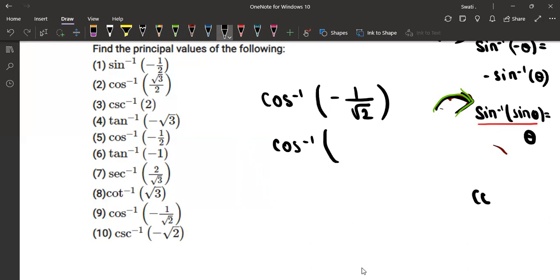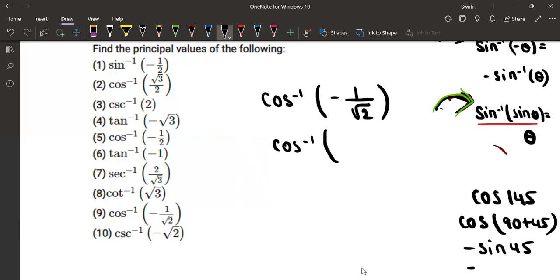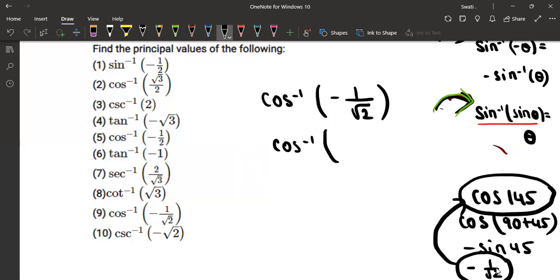So this is for cos 145. Now what is cos 145? Let's do that. So cos 145 is nothing but cos of 90 plus 45. And what is cos of 90 plus theta? It is minus sine theta. Now sine 45, what is the value of sine 45? 1 by root 2. See, we got the answer. We got the value of cos 145, that is minus 1 by root 2. So for this value, I can write this, and that is what I'm doing over here. I'm replacing this minus 1 by root 2 with cos 145.